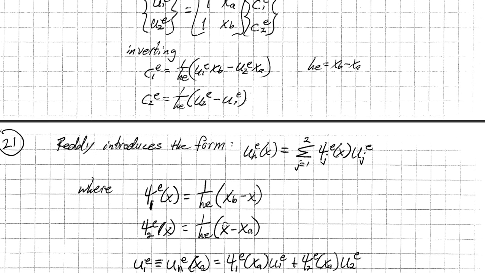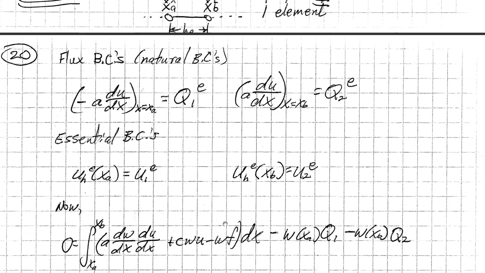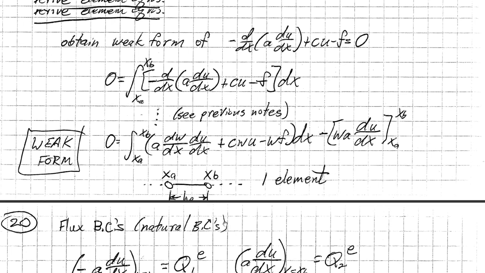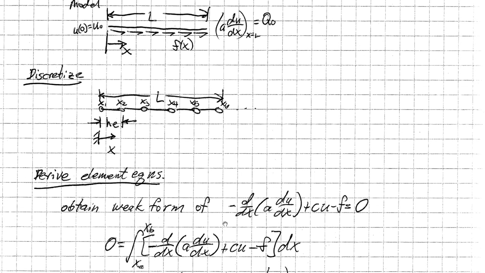Remember earlier I showed, yeah, right here. So we'll make a correlation between the global coordinate x and a local coordinate x bar, so we can figure out how to assemble these.